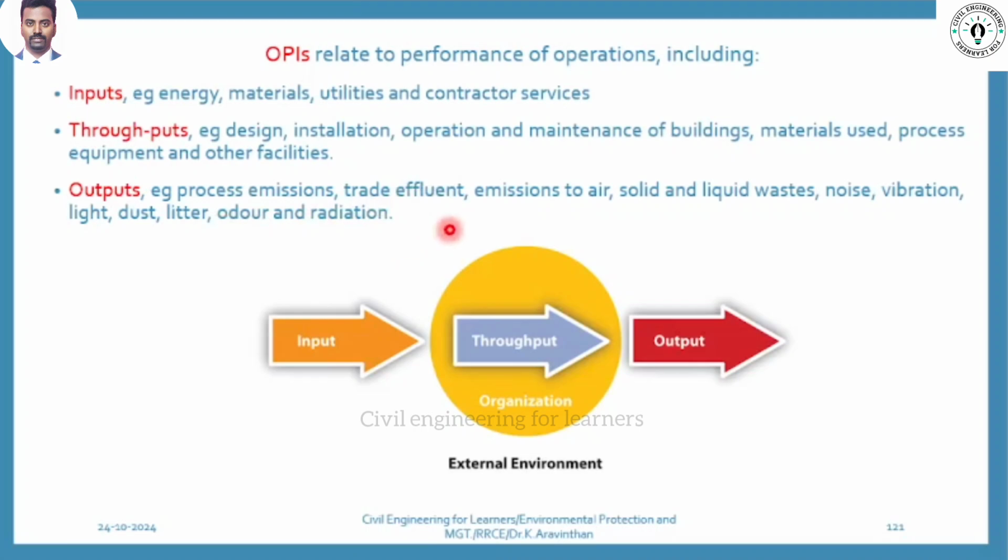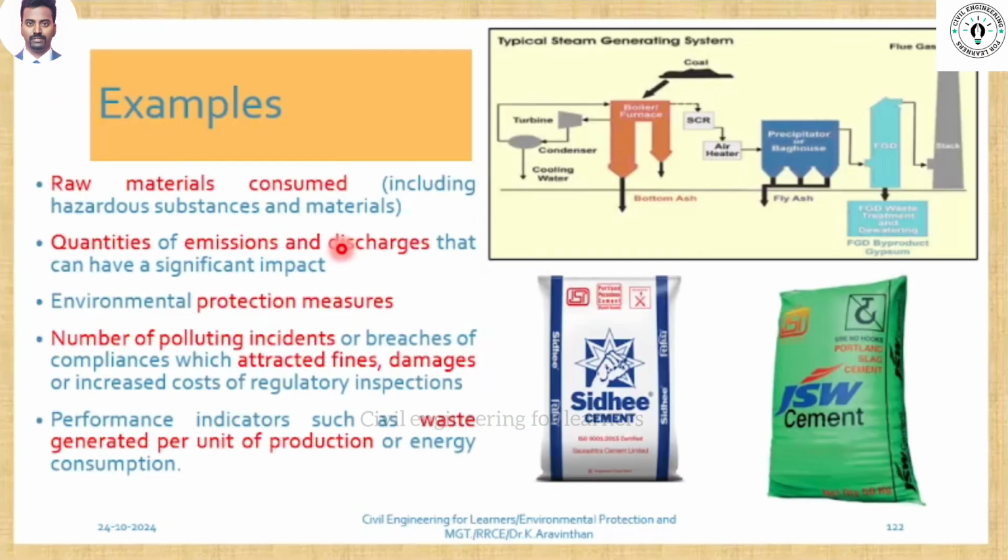So that is why trade effluent, emission of air, solid waste, whatever is developed, noise, vibration, litter, dust, odor, and radiation. This is an example for that. Have you seen this kind of bags, cement bags? JSW, Portland, slag. Can you see this name? Not all cements are the same. They have written a term, no? What is the term? Slag cement.